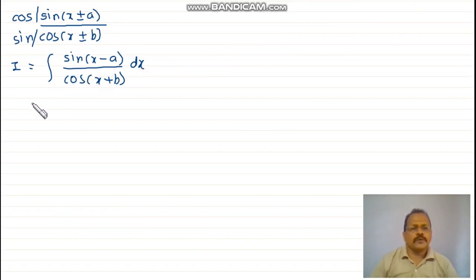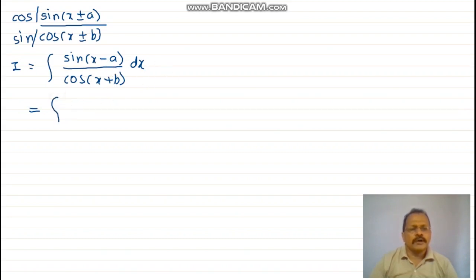In this type of problem, just see the denominator angle. The denominator angle is x plus b. Try to take this angle x plus b in the numerator.